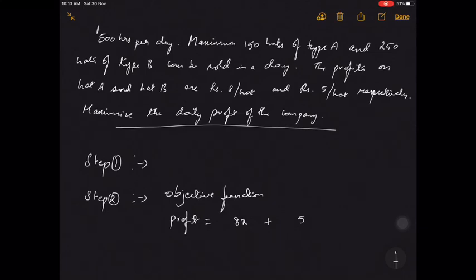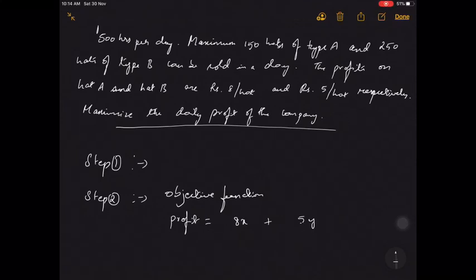So when you sell X number of type A hats in a day, you get 8 into X rupees profit. And if you sell Y number of hats of type B in a day, you get 5 into Y rupees as the profit from hat B, because it is 5 rupees per hat and you are selling Y number of hats.